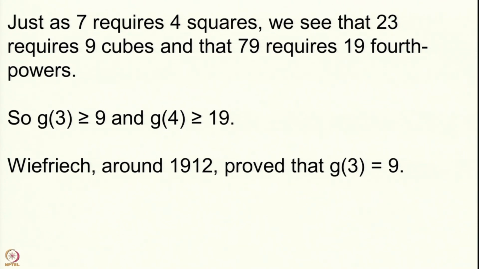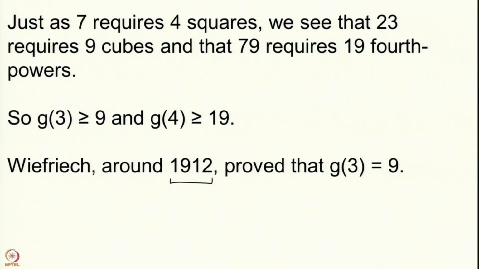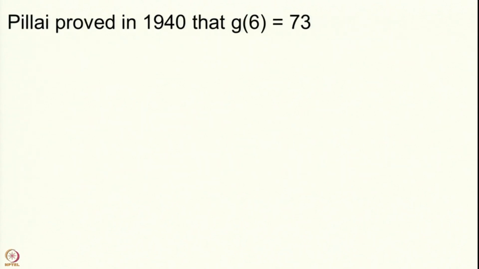Around 1912, I told you that Hilbert proved the existence of Gk in 1909. From 1909 to 1912, in a series of papers, Wieferich proved that G3 is 9. Then S.S. Pillai, an Indian mathematician, once again contemporary to Ramanujan, proved that G6 is 73.